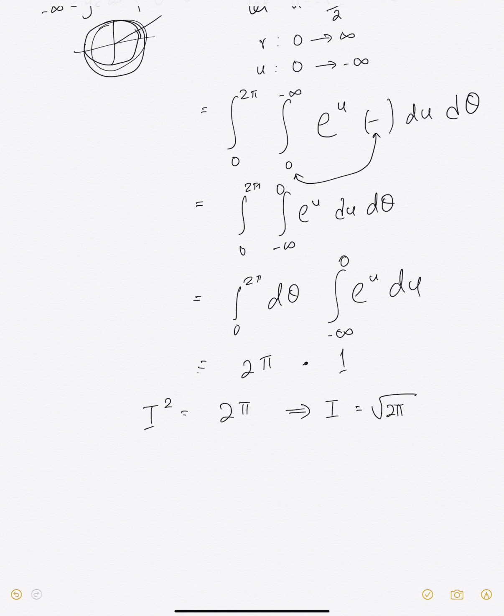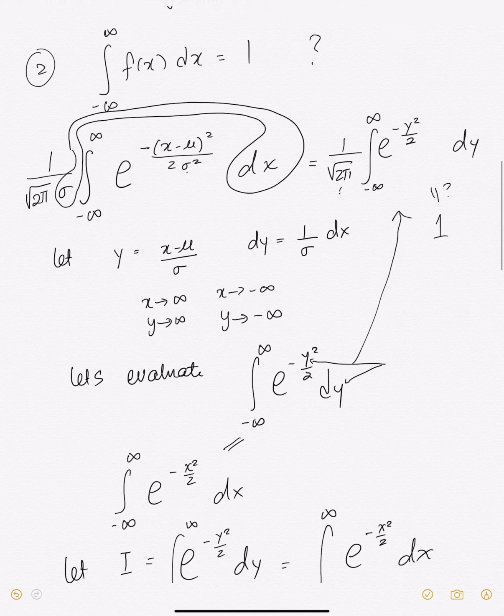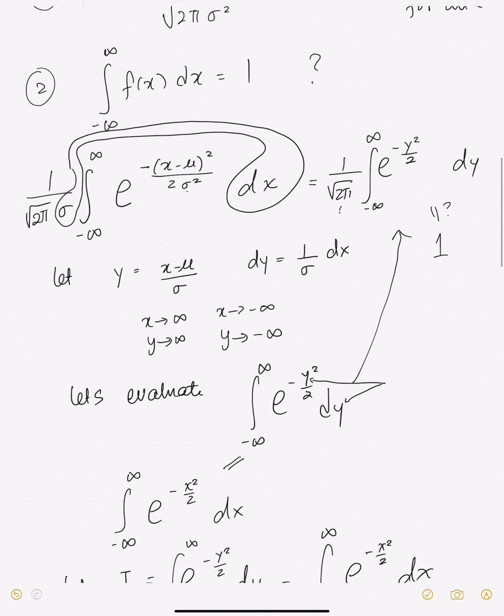Okay, so when you go back to this, what do you have? That you found out that this integral over here is square root 2 pi. So you do have that 1 over square root 2 pi times the integral negative infinity to infinity e to the minus y squared over 2 dy is indeed 1.